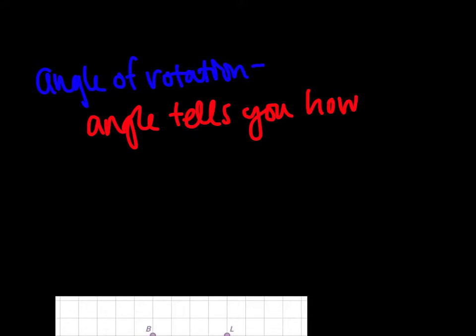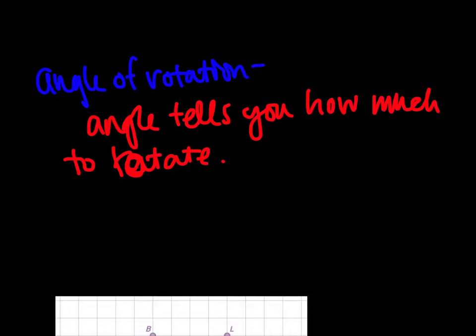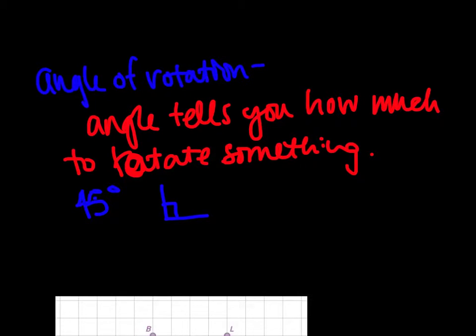As well, we also have an angle of rotation, and that tells you exactly how much you need to turn. In this case, you'll be using your angle rulers. So you'll see angles of rotation of maybe 45 degrees. If we are thinking about a 90-degree angle, 45 is half of that.